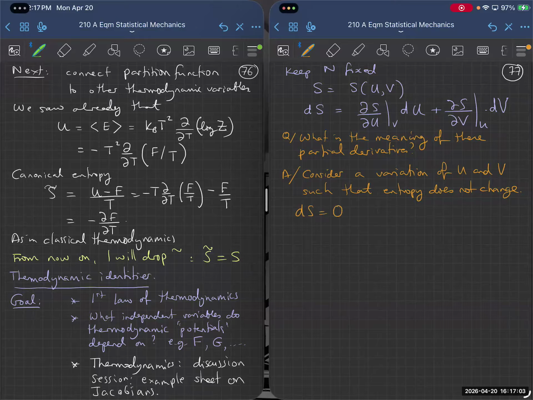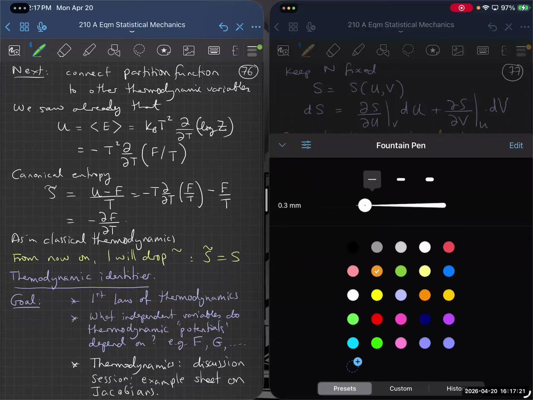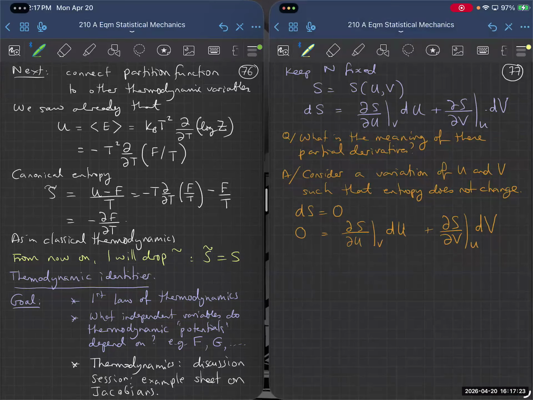That means 0 is equal to ds by du at constant v du plus ds by dv at constant u dv. Now these aren't arbitrary changes as they are in the top line. These are changes that keep the entropy constant, so I'm going to put a little subscript s on both of those variables.